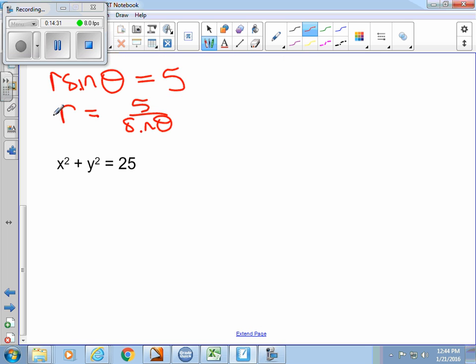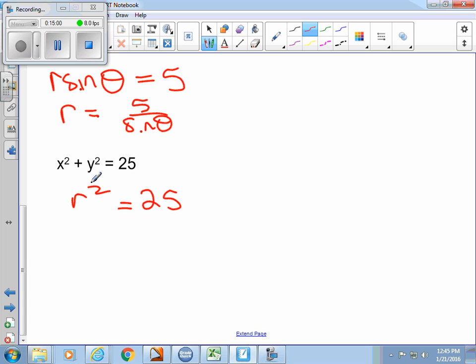Okay, the last one, x squared plus y squared equals 25. Oh, it's going to be a circle, right? x squared plus y squared is r squared. Everyone agree with that? Now, if you hadn't noticed that and you had plugged in r cosine theta and r sine theta and squared them both, you could have factored out an r squared and you would have had sine squared plus cosine squared, which is 1.